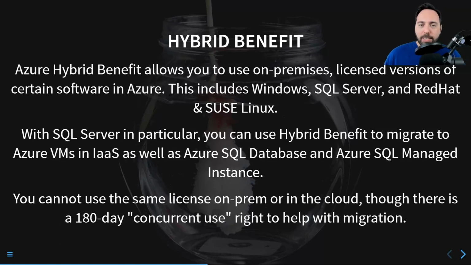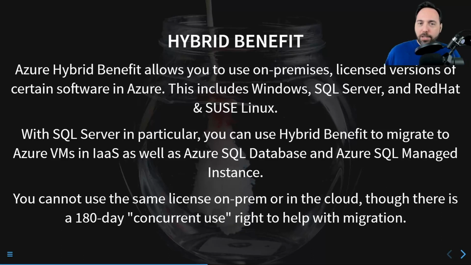The concurrent use right says you have 20 cores, you've already applied them to a server on premises. You can also apply those to a server in Azure under the notion that you're going to migrate from on-prem to Azure. So you have that dual use for 180 days.